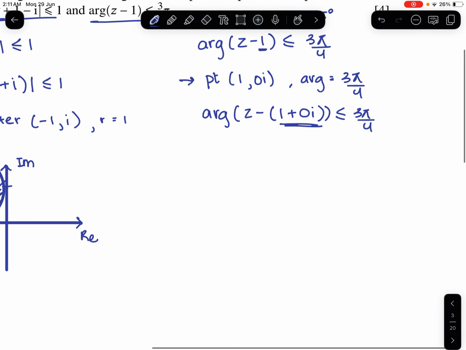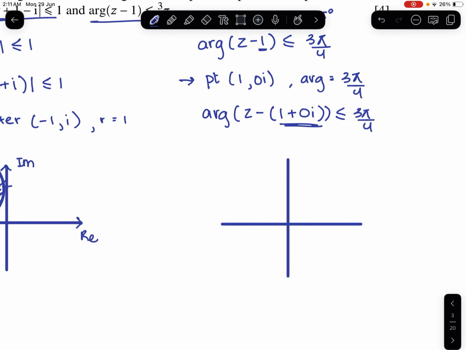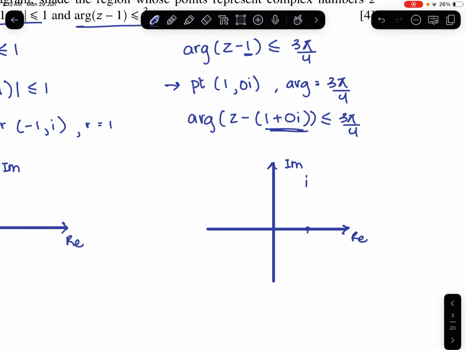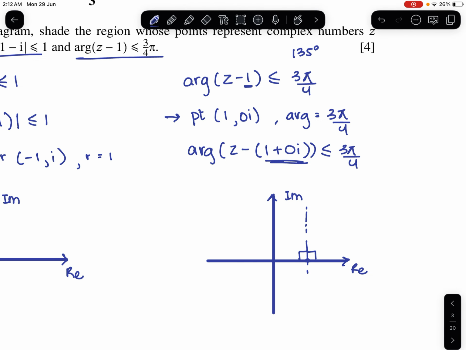Now, if you take a look at the second one, we will again apply the same principles. We have our vertical axis and horizontal axis. This is the real one and this is imaginary. And we have our point 1 and 0i. So 1 would be over here, and 0i just means we're on the y-axis. This is our point, and we have our angle of 135 degrees, which gives us an idea that it's going to be an obtuse angle. 135 is just 90 plus 45.